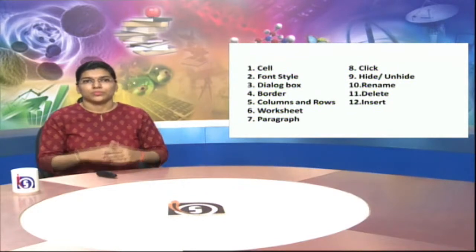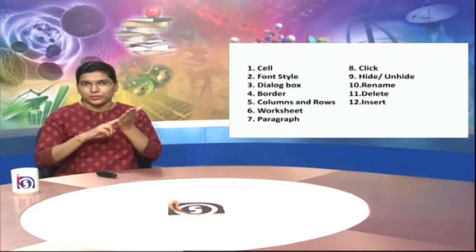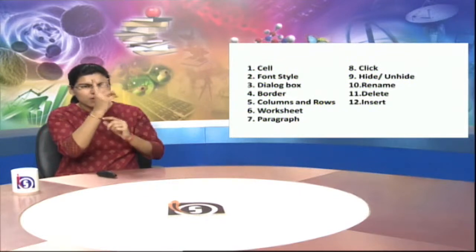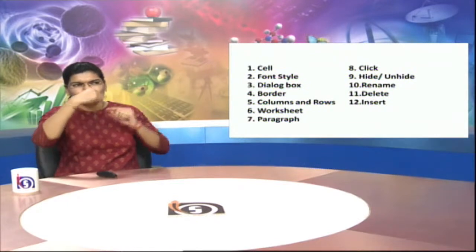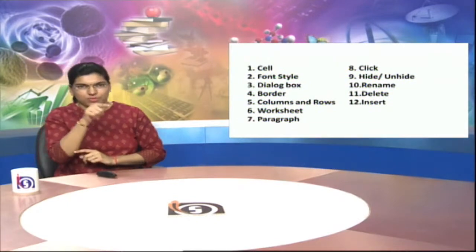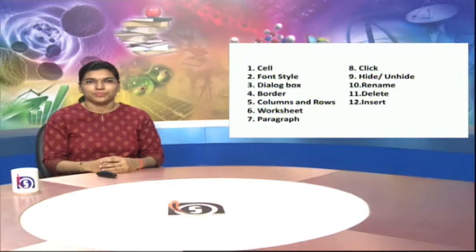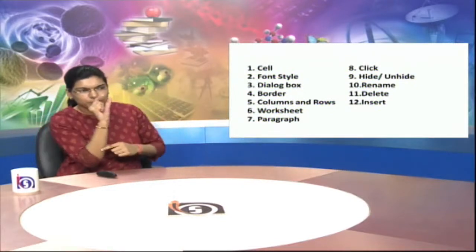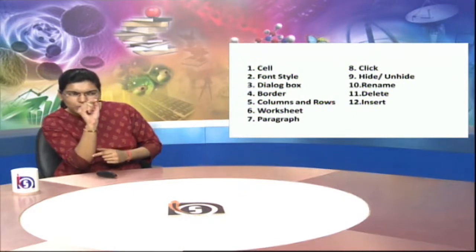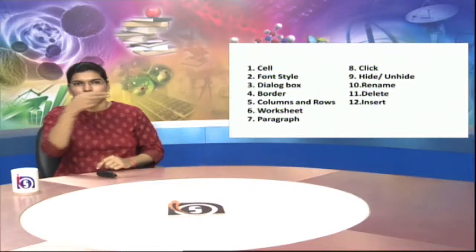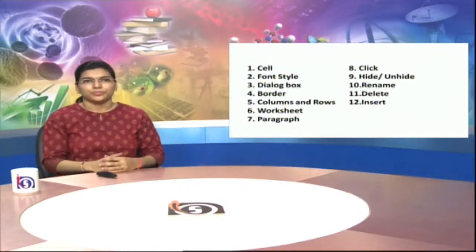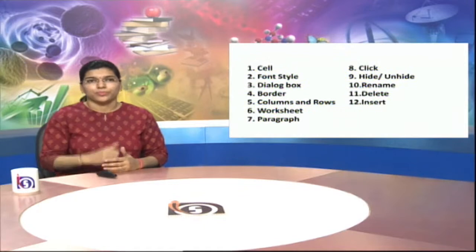Second word is font style. There are different styles, small or stylish written words. Third is dialog box. When we click on them, there is a drop down pop-up, that is dialog box.